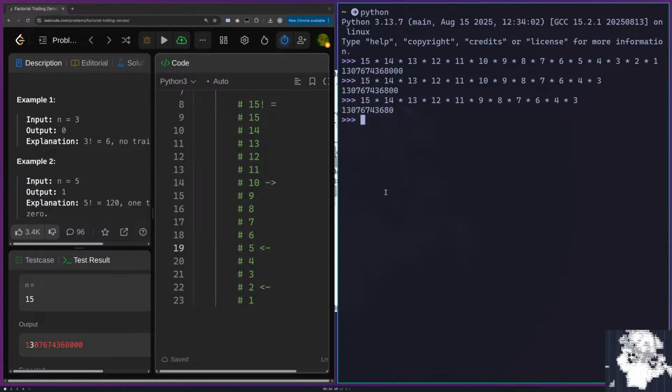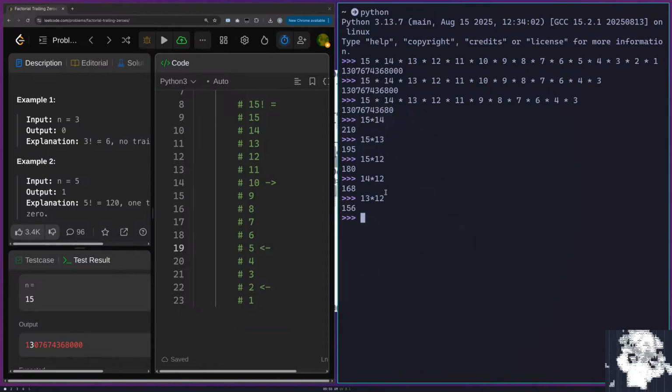Nothing else in here is divisible by 10. There might be some pairs that are divisible by 10, like what's 15 times 14? That's 210. But 15 times 12 is also divisible by 10.